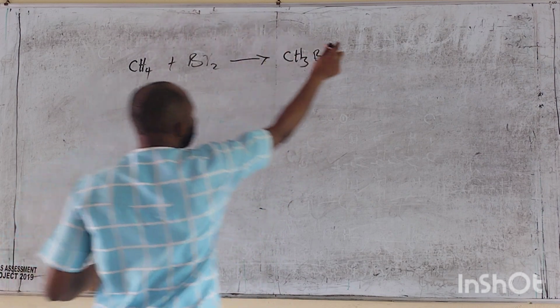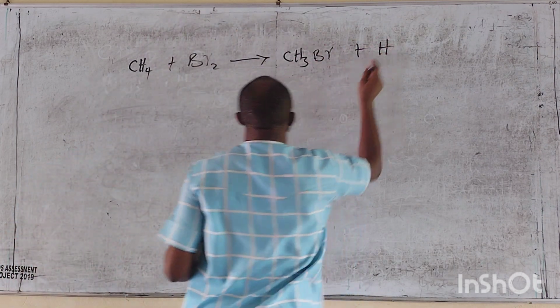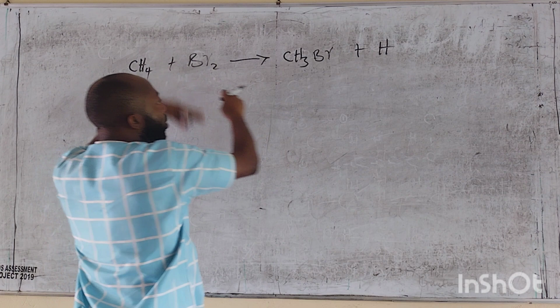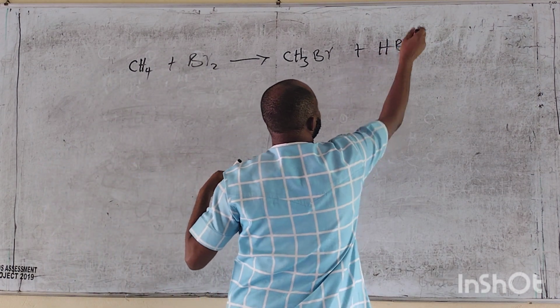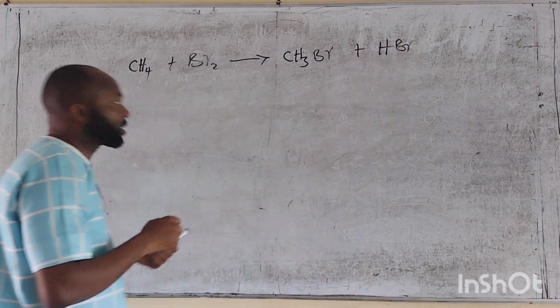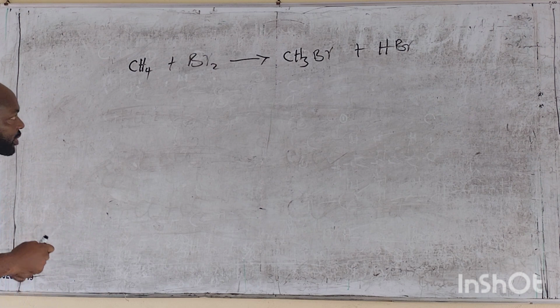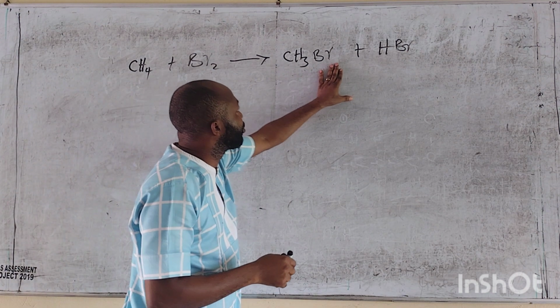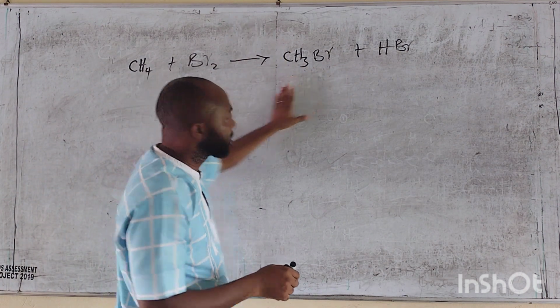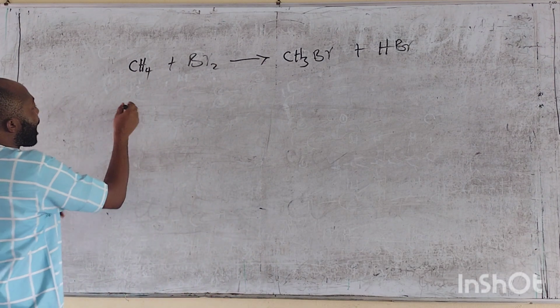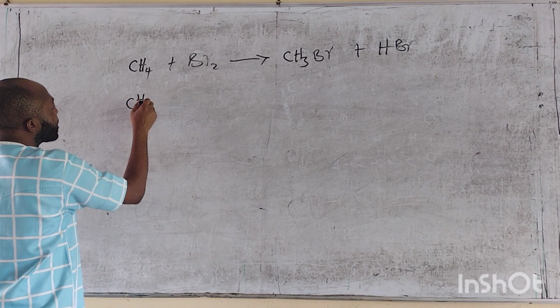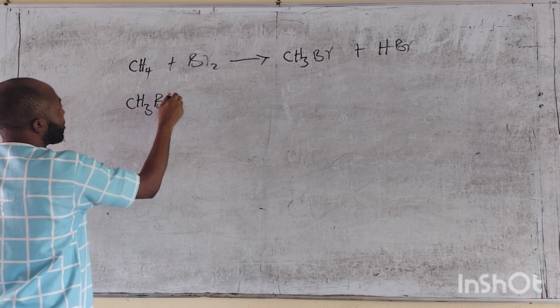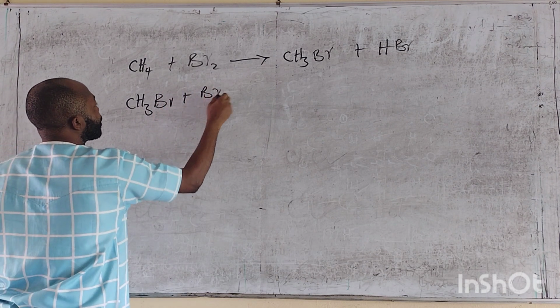What is left? The hydrogen that left, this is the hydrogen. The bromine, remember there are 2. The other one will give us HBr. So this is our first step. Then the second step, I will bring this bromomethane to undergo the reaction again. I have my CH3Br plus Br2.